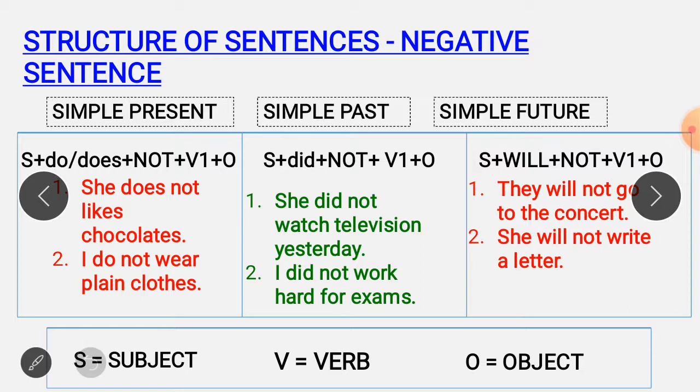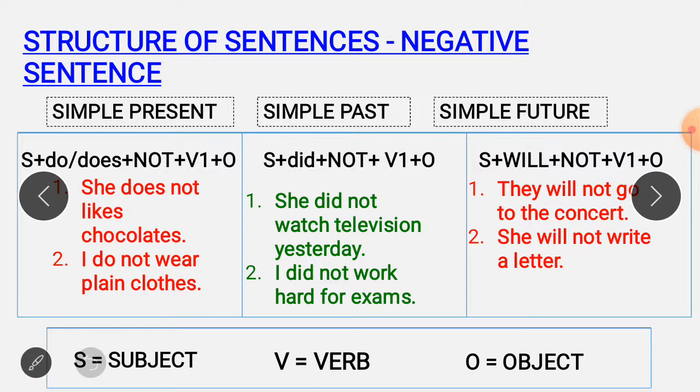And in simple past, no do or does is used. Whether it is singular or plural, first person, second person, third person, only did is used in all of them. For example, she did not watch television yesterday. I did not work hard for exams.